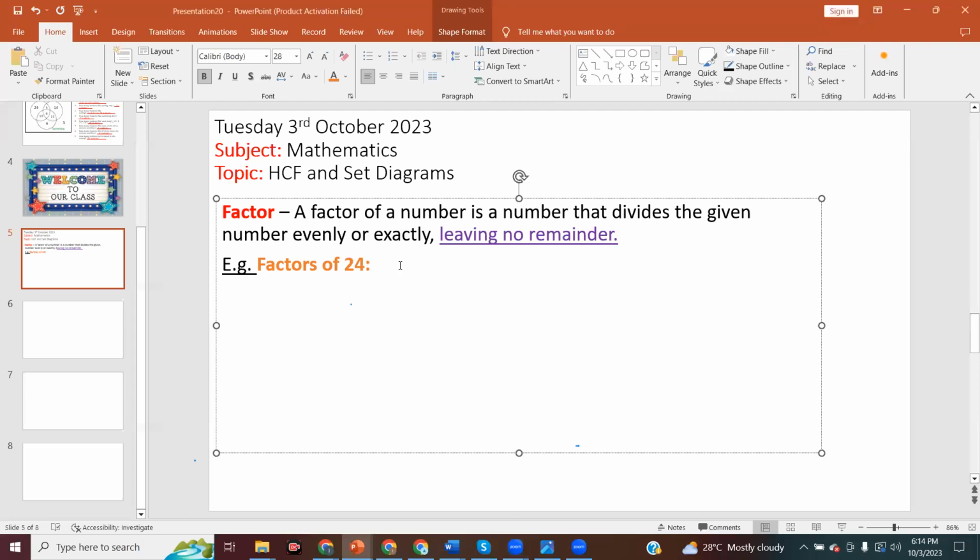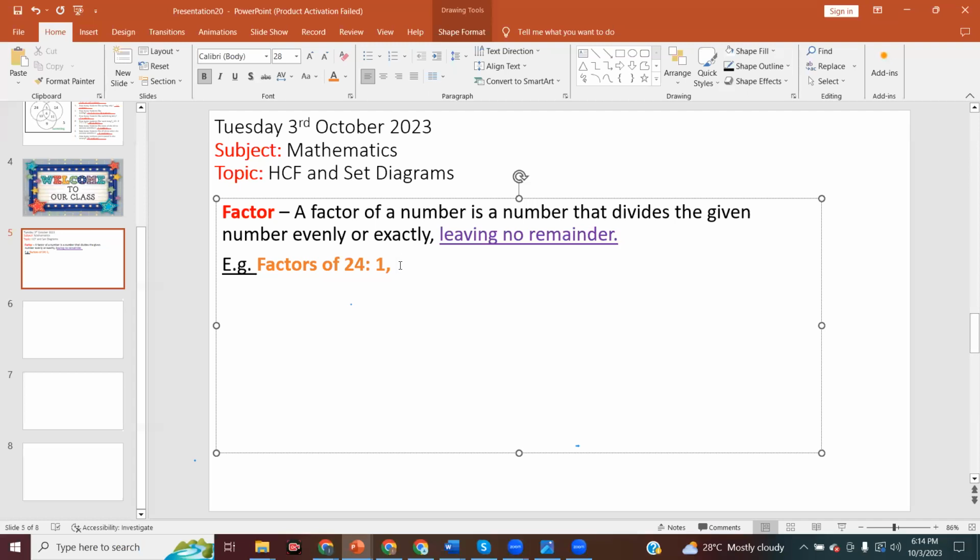Okay, so let's start off with the first factor of 24. What is it going to be? One. Very good. After one is what? Two. Then 3.